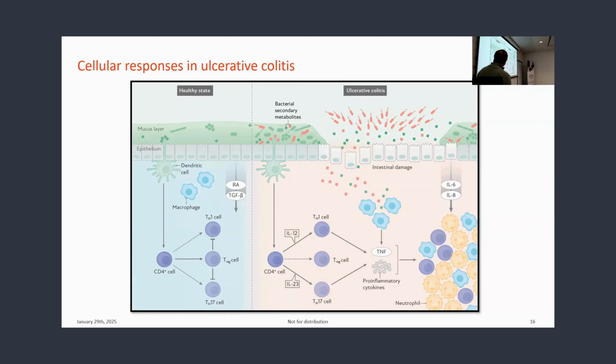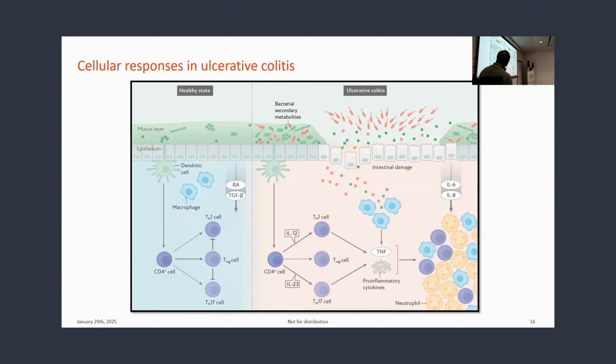However, in ulcerative colitis, as I mentioned earlier, you have a dysbiotic microbiota, and you start having damage in the epithelial barrier. This damage triggers alarm signals in the epithelial barrier, leading to the release of inflammatory cytokines and chemokines, attracting inflammatory immune cells.